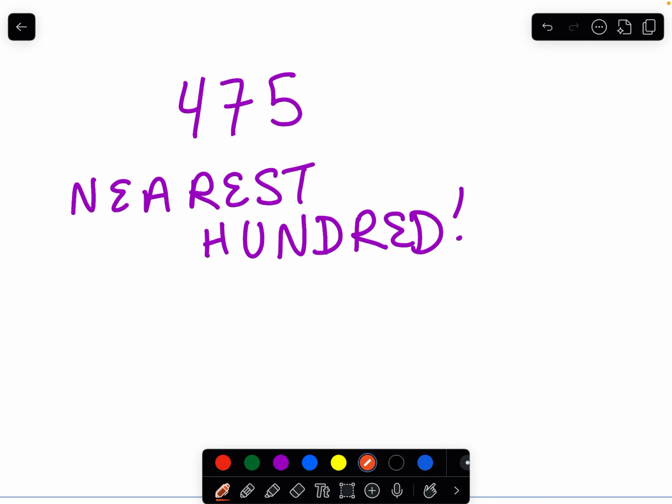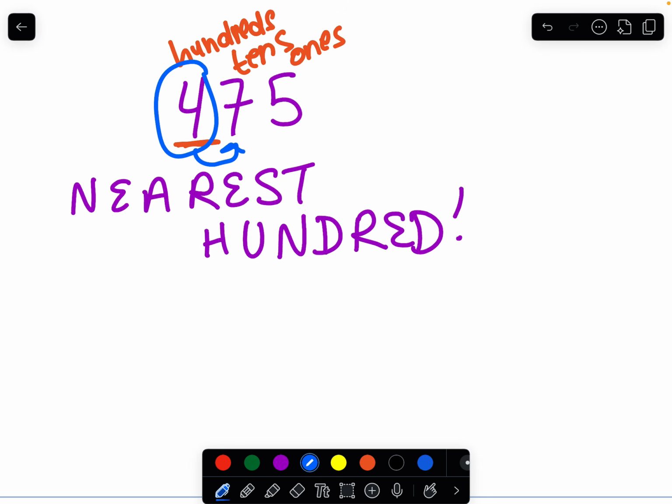So instead of looking at the tens place, we've got ones, tens, hundreds. We're going to look at the hundreds place, which is a 4, and the same principles apply. We go next door, the next place value down, and it's a 7. Now remember our rule. If it's 5, 6, 7, 8, or 9, we round the hundreds digit up. And the rest of the numbers become all zeros.